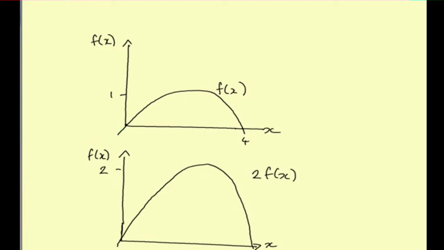So 2f of x will double the maximum height of the graph. If you look at the first graph, it reaches a height of 1, whereas on the second graph, if we do 2f of x, it reaches a maximum height of 2. So effectively we're doubling every single y coordinate.